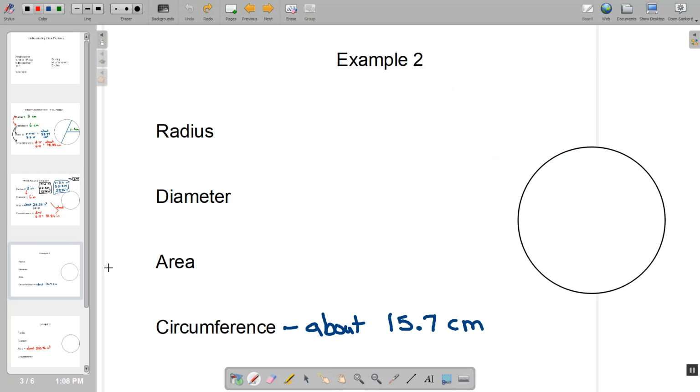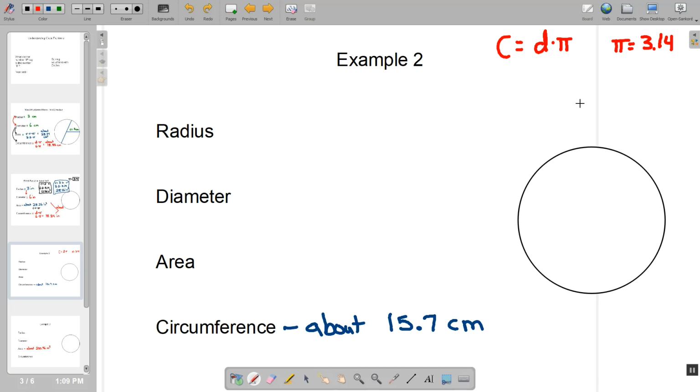Let's do one more example, okay? This time, it gave us the circumference, and we know that the circumference is equal to diameter times pi. And once again, we're going to use the decimal approximation for pi for this problem, okay? So I am going to guess and check just like I did with the last problem, and I'm going to pick a number.